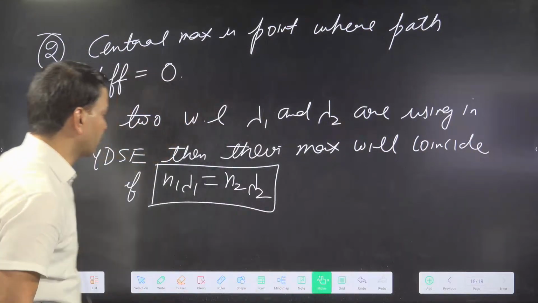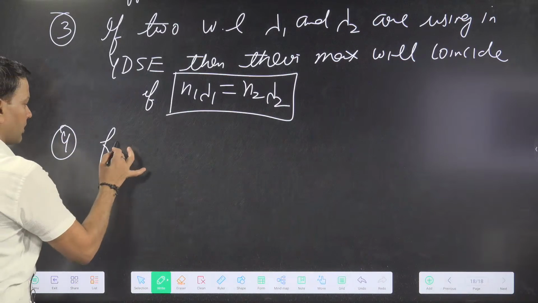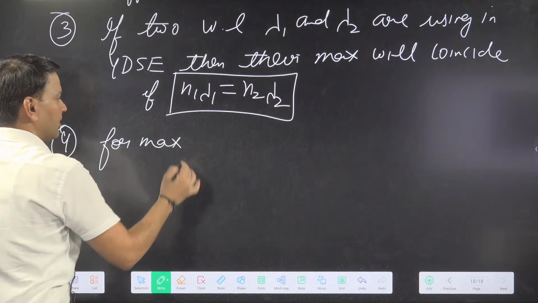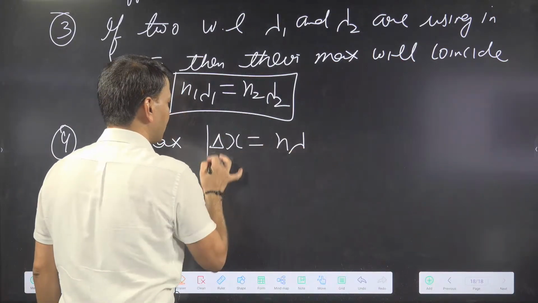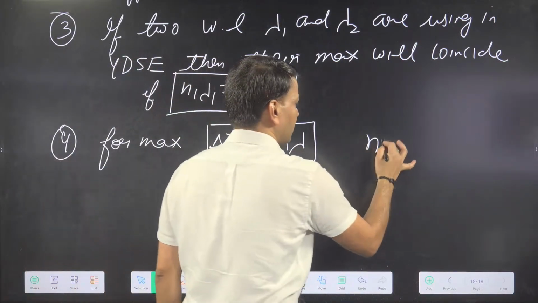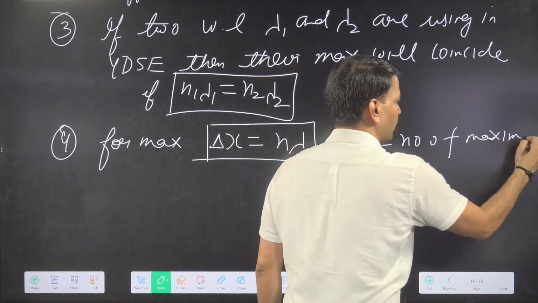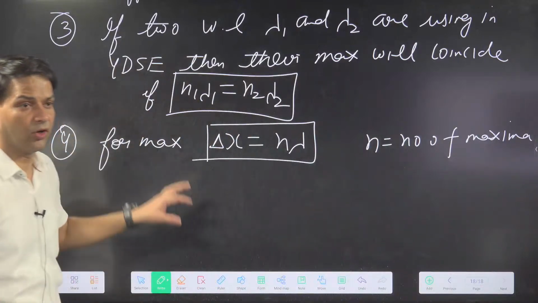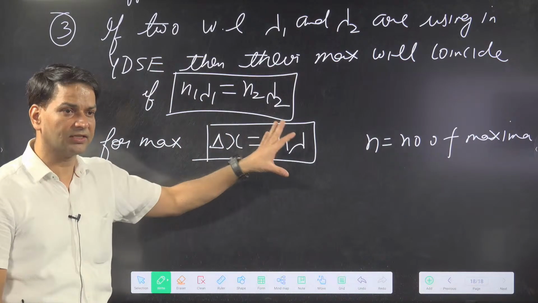Because for maxima, delta x must be equal to n lambda, where n is the number of maxima. Don't get confused with diffraction. For the interference YDSE, for the maxima, the path difference is n lambda.